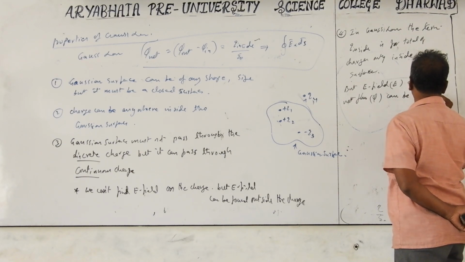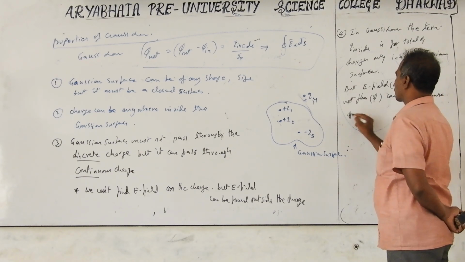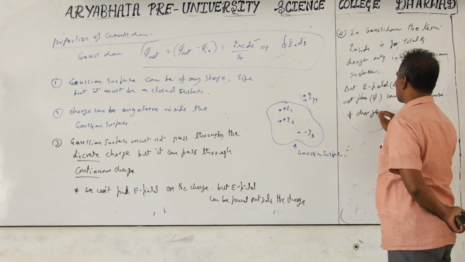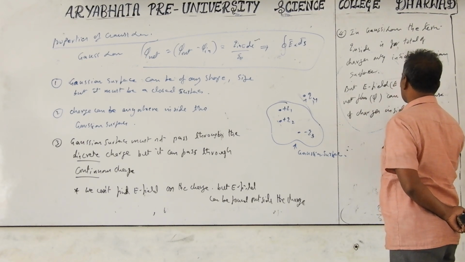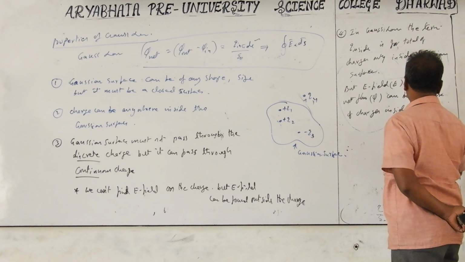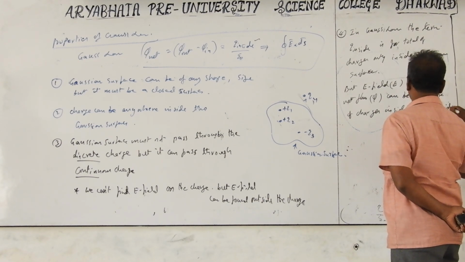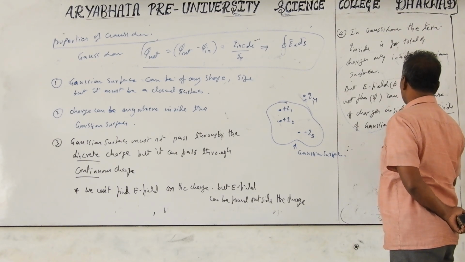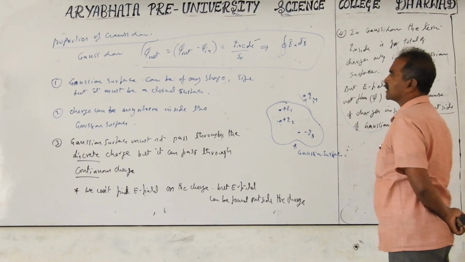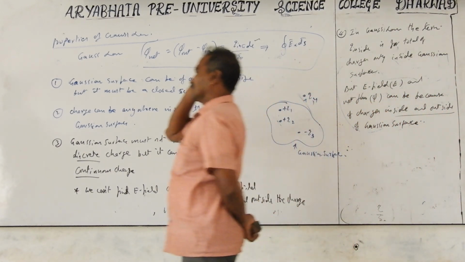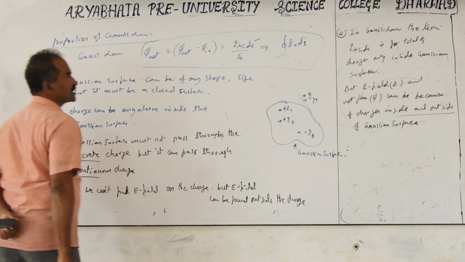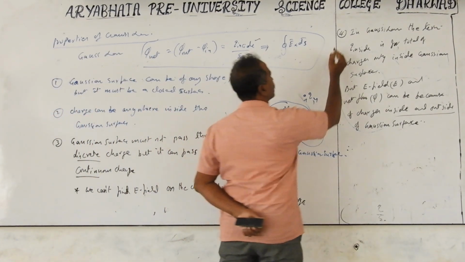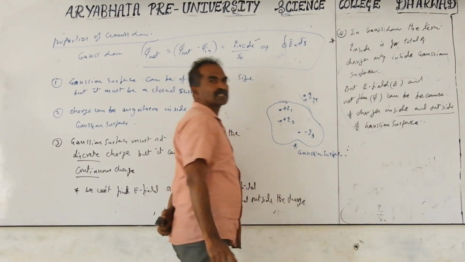But electric fields can be because of charges inside and outside of the Gaussian surface.